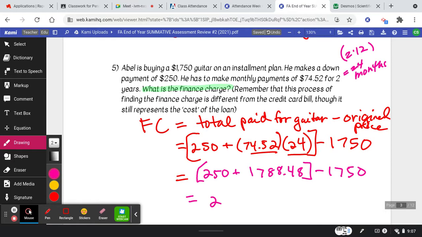No, to 1788. So start again. Okay, and then take that number and minus the 1750.